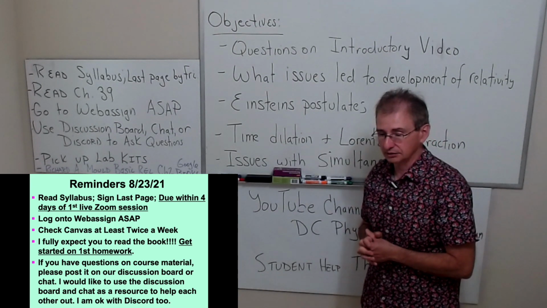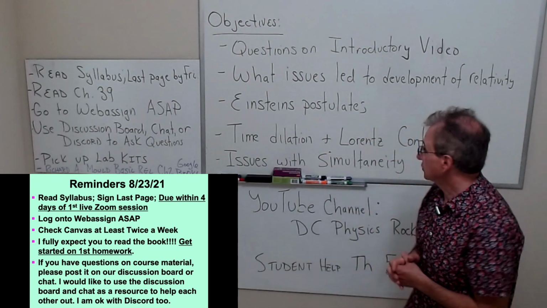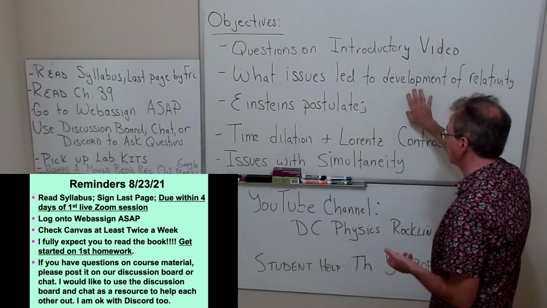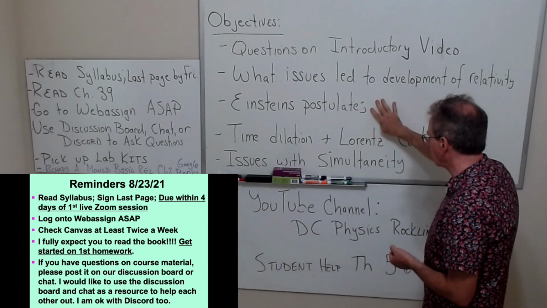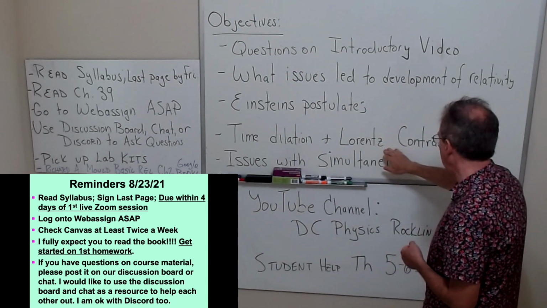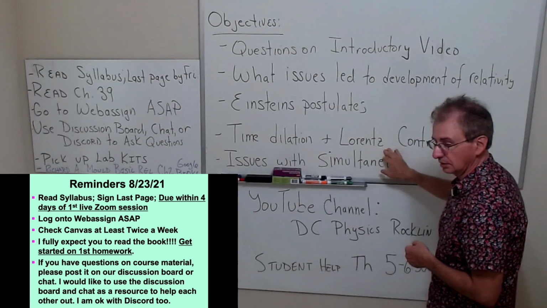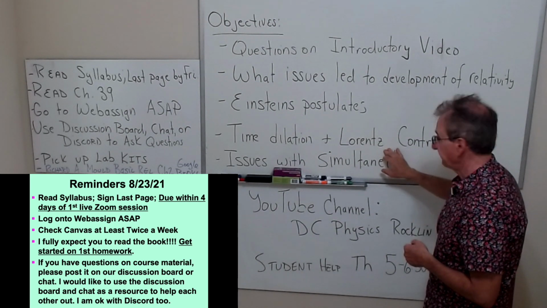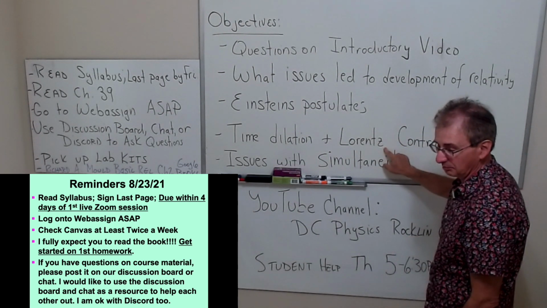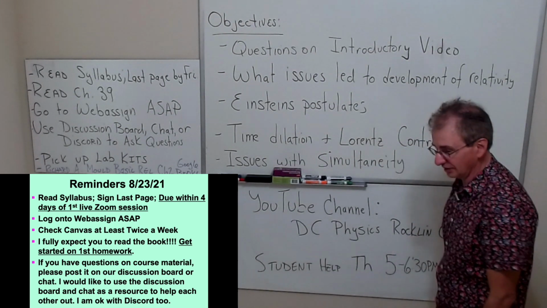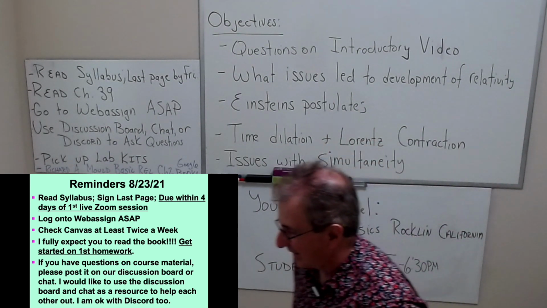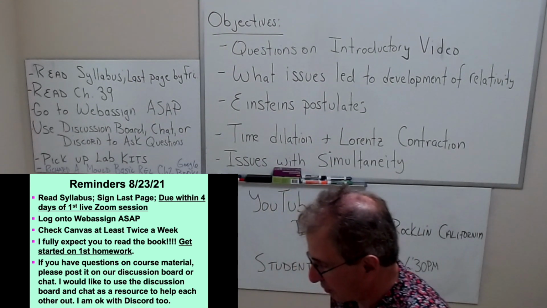There's just a lot of information. So I'm going to summarize the issues that led to the development of relativity, and I'm going to talk about Einstein's postulates, and I'll probably stop at time dilation and Lorentz contraction. These two items are very interesting, and then it gets even weirder as we go on past this. On Wednesday, I'll do the even weirder stuff. Any questions before I proceed?